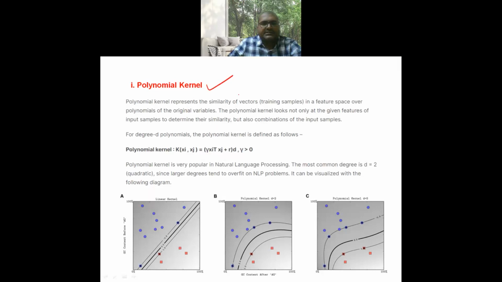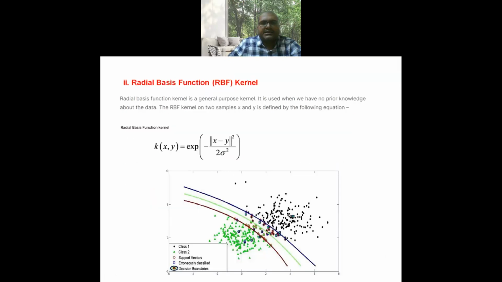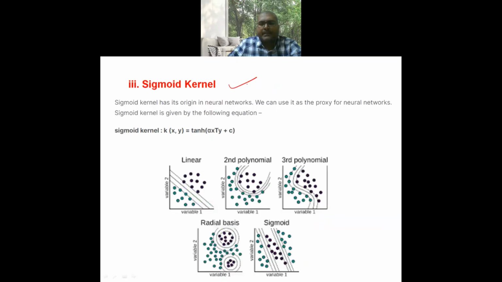Some standard SVM kernels are there. The first is the polynomial kernel. Second, the radial basis function kernel, named the RBF kernel. Another type is the sigmoid kernel. You can use the kernel as per your application and requirement.